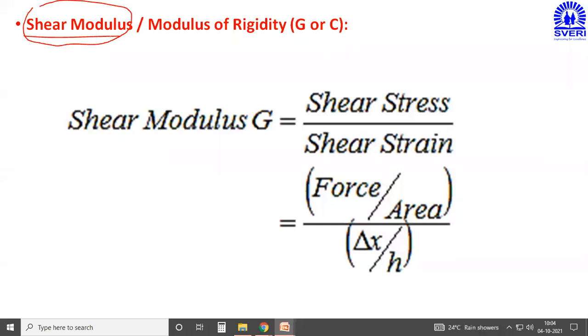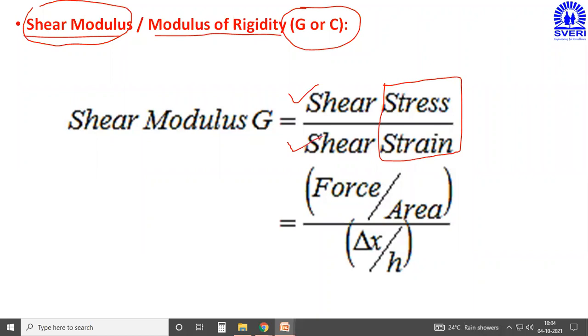Another name is modulus of rigidity, and this is indicated by capital G or capital C. The shear modulus is equal to stress upon strain. This is the common definition for all the elastic constants, but which type of stress? Shear stress upon shear strain is equal to modulus of rigidity.